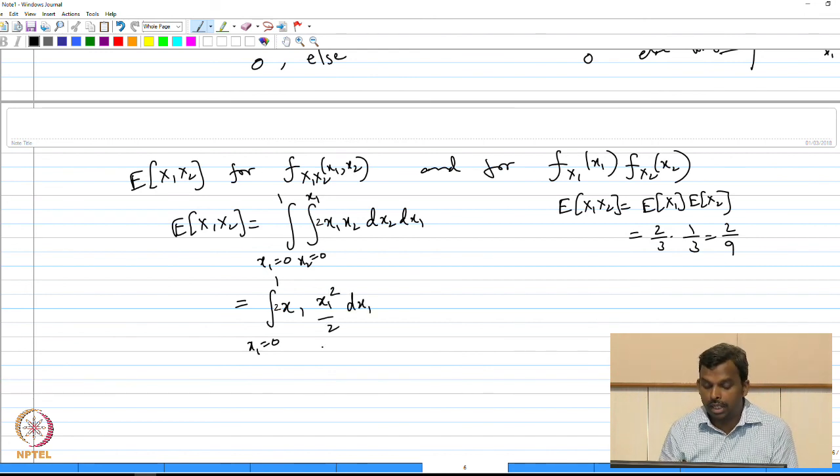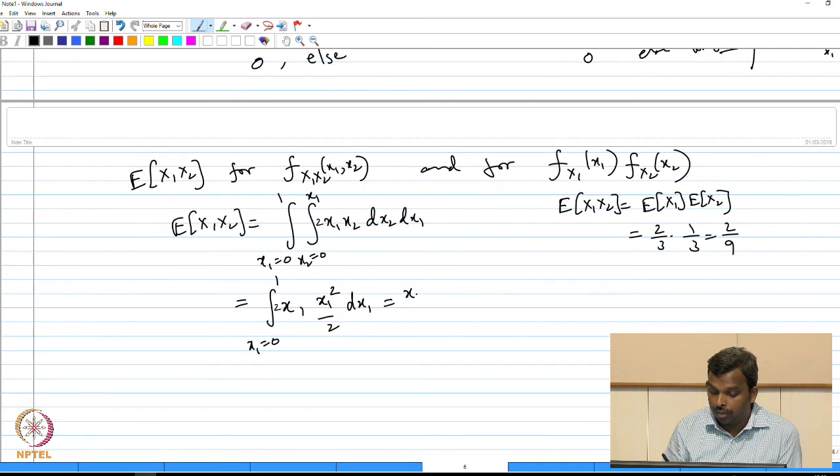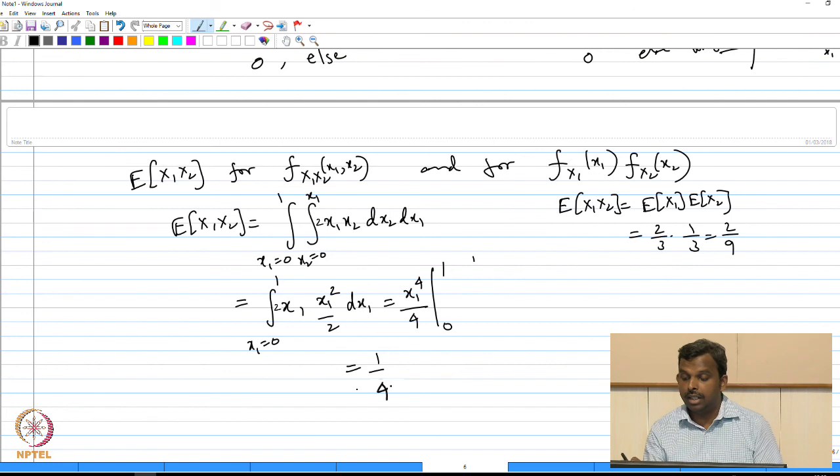You can do that. So you have x1 power 4 by 4, 0 to 1. So this is 1 by 4. So we see clearly these two have different expected values of x1, x2. So this also was meant to give you an example of how to do calculations with joint PDFs and expectations, etc.